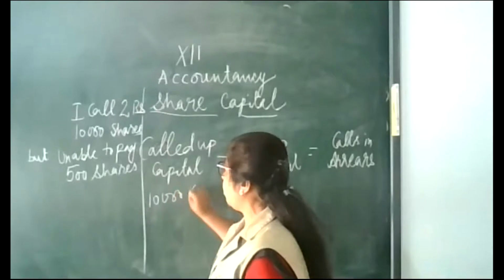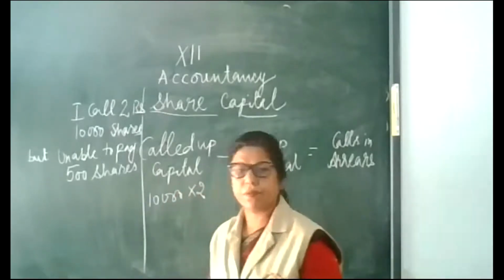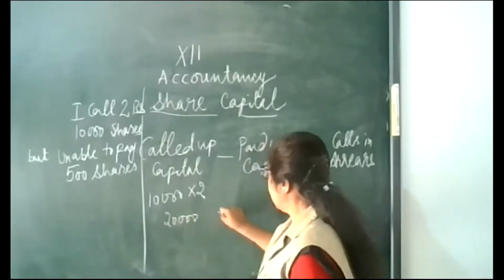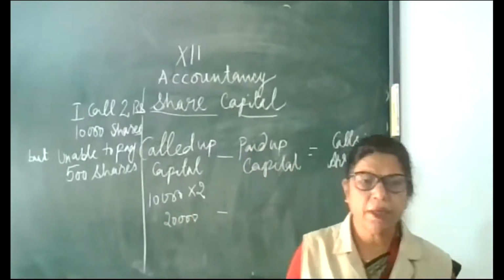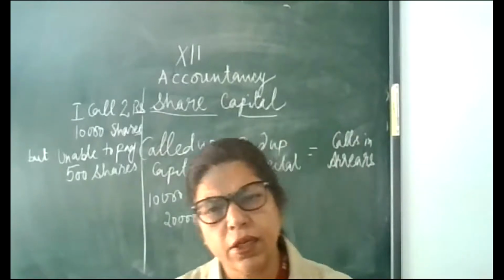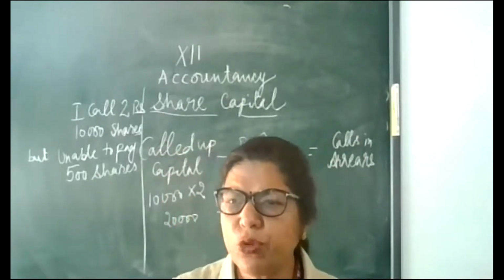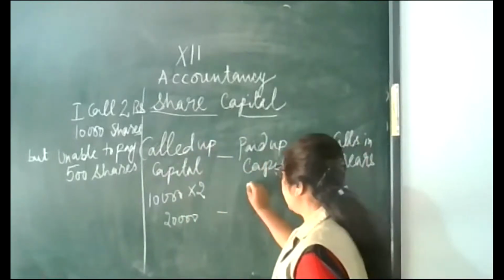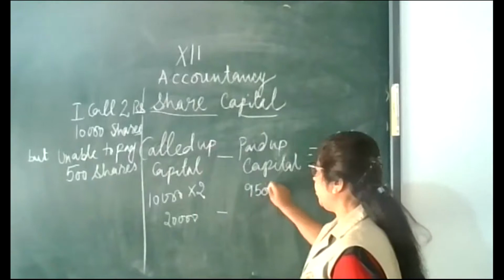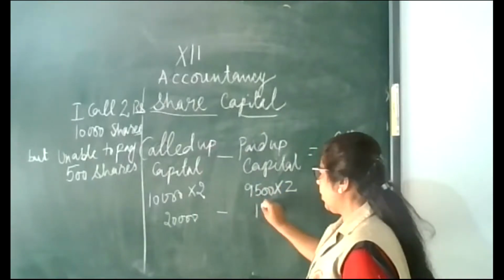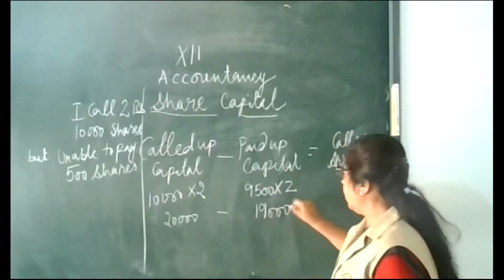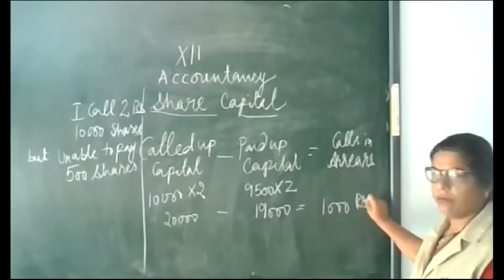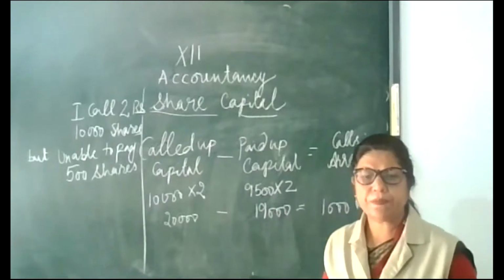Called up is 10,000 into 2, that is 20,000, minus paid up. See, 500 are unable to pay, it means 9,500 paid, that is 9,500 into 2, that is 19,000. And the amount of arrears is 1,000 rupees.